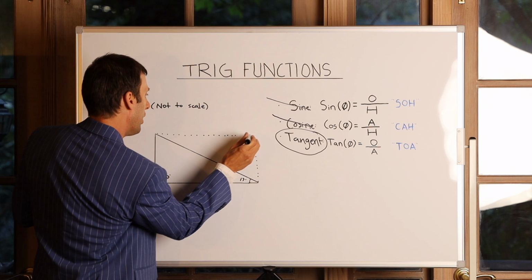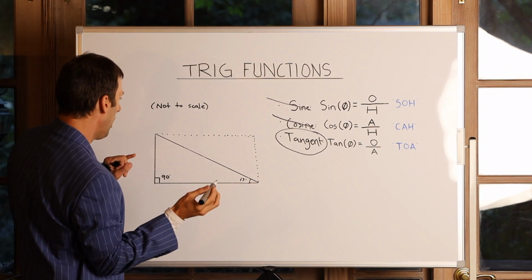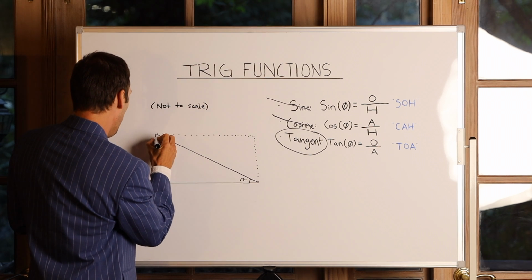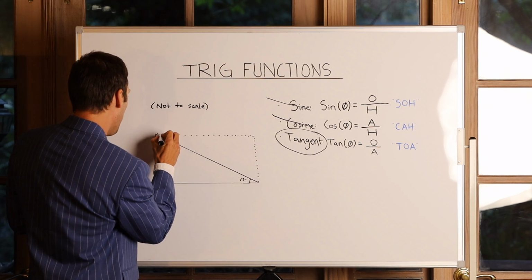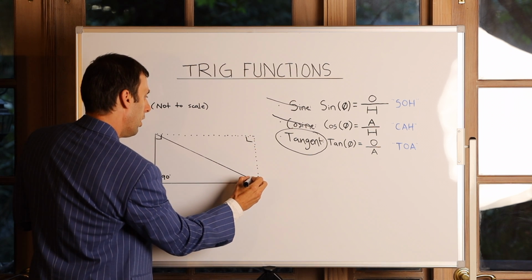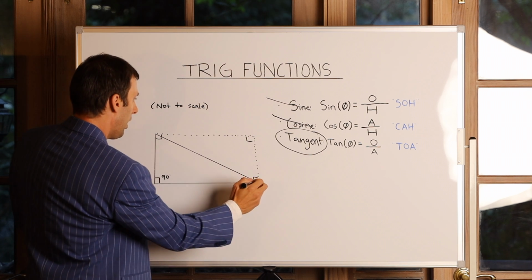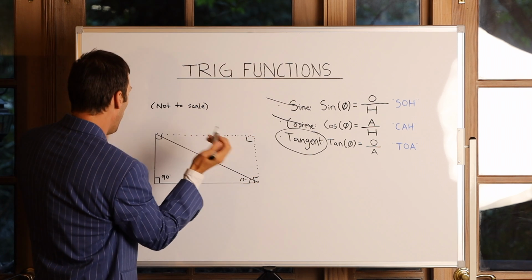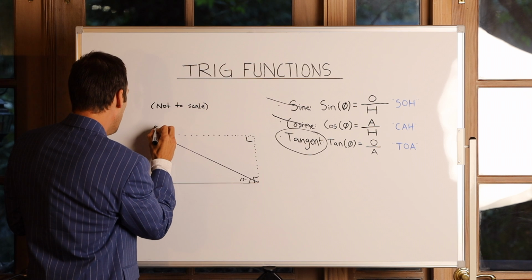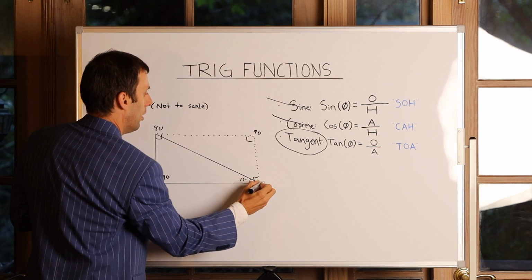A right triangle is really just half of a rectangle. And a rectangle, as you may know, is comprised of nothing but right angles. So all the angles in a rectangle or a square are 90 degrees, and these add up to 360.